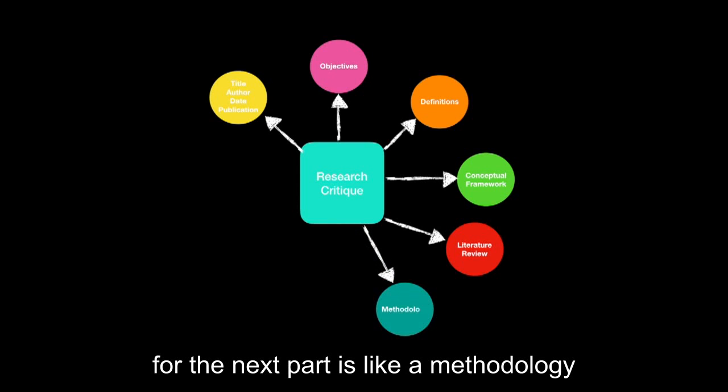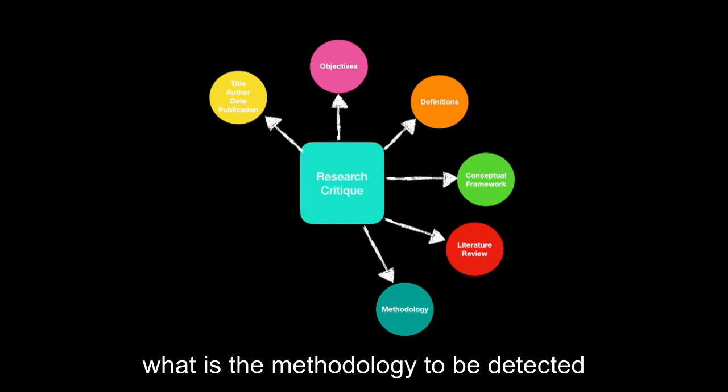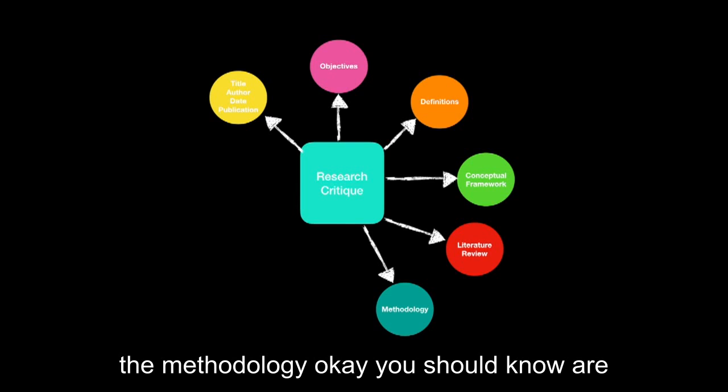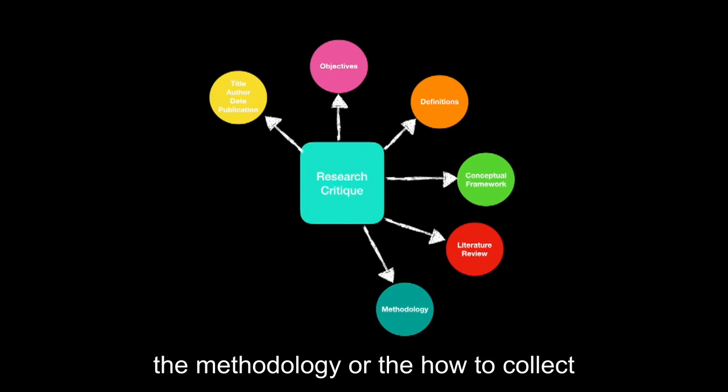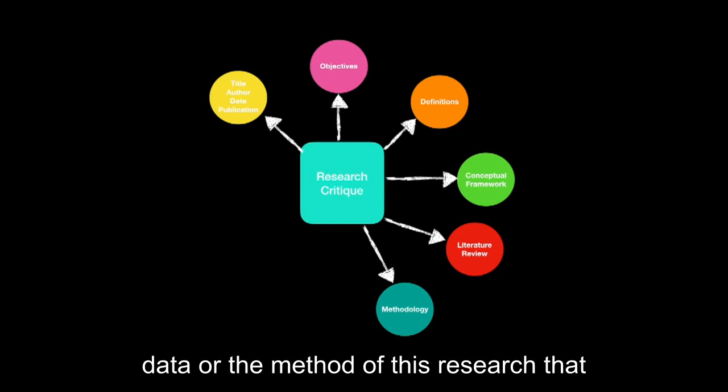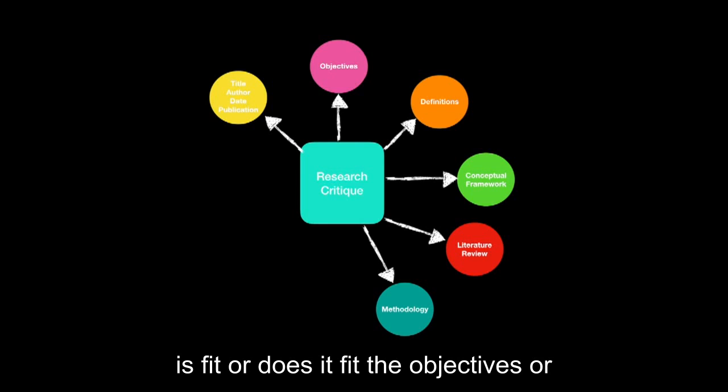For the next part, the methodology. What is the methodology to be detected? You should know the methodology, or how to collect data, the method of this research. Does it fit the objectives or not?